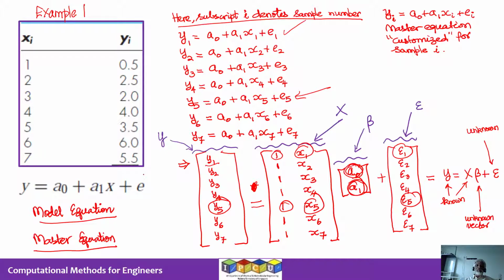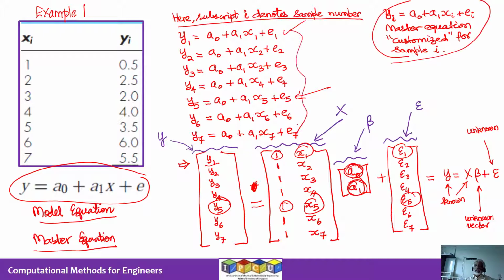So we have faithfully represented the master equation for every data sample here, and we have put these 7 equations in matrix vector form. Kindly remember to replace this plus sign by an equal to sign. That was a mistake on my part.